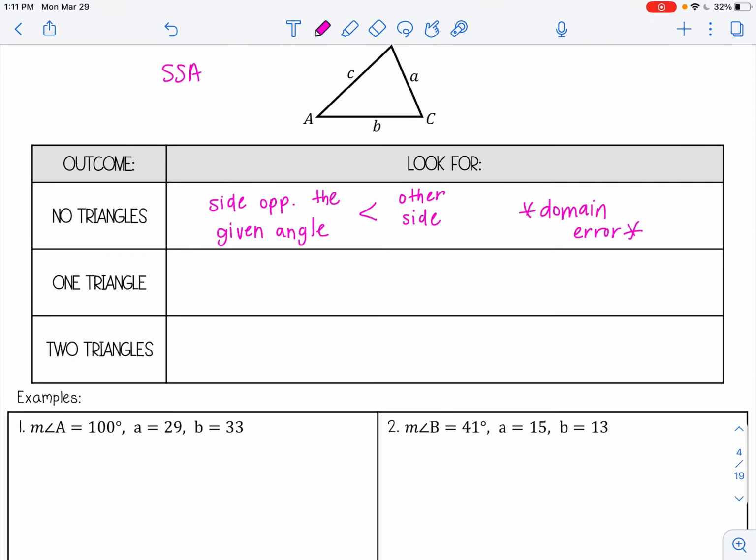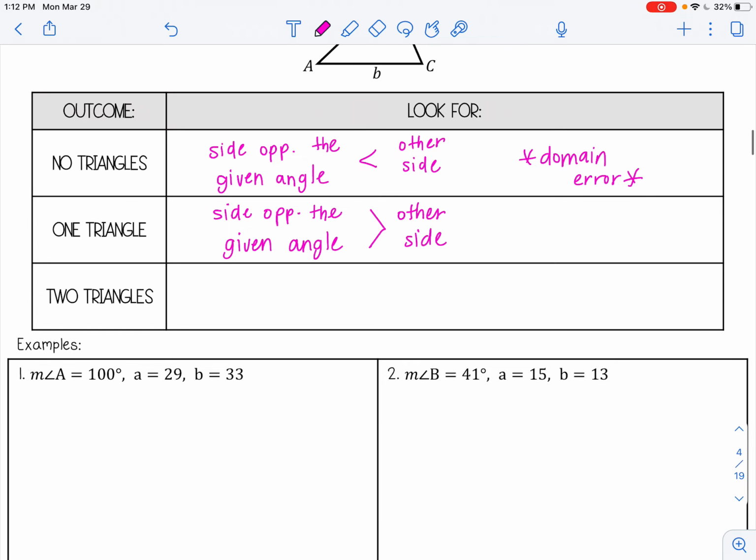For one triangle, the side opposite the given angle is greater than the other side. And then for two triangles, the side opposite the given angle is less than the other side, but there will be no domain error.